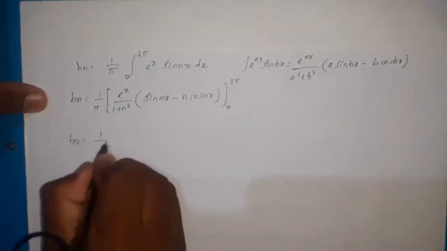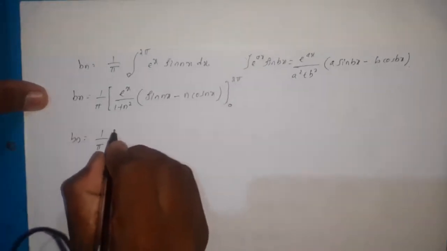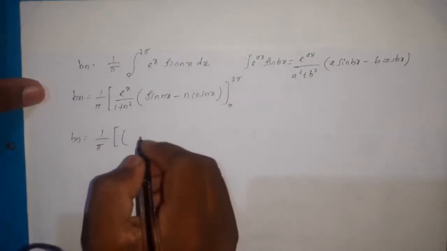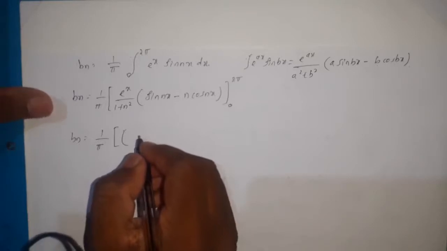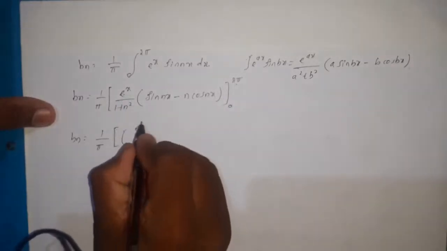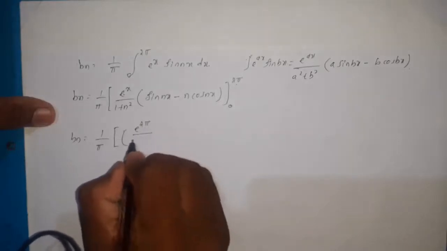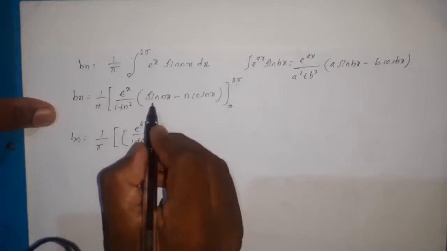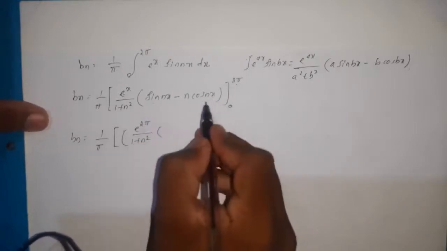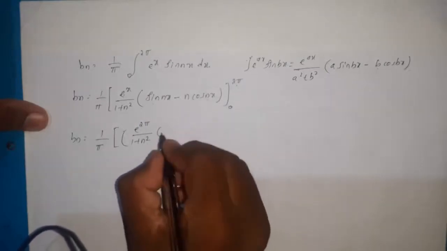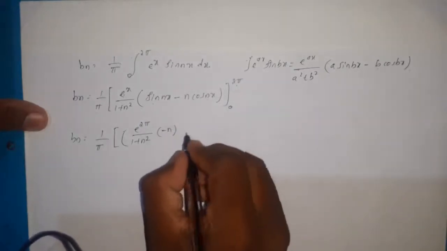Then b n equal to 1 by pi. Here first apply the upper limit of the function. The upper limit is 2 pi. Now this becomes e power 2 pi divided by 1 plus n square into, here sin 2n pi is 0 and cos 2n pi is 1, and then this becomes minus n.